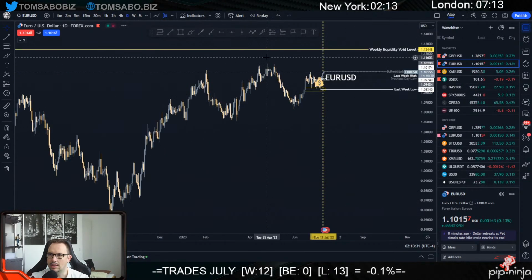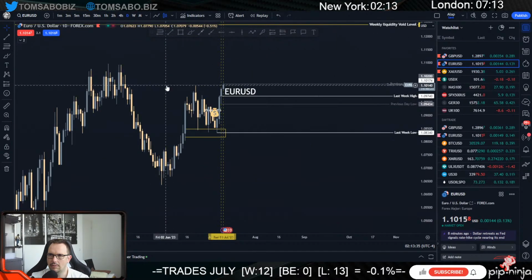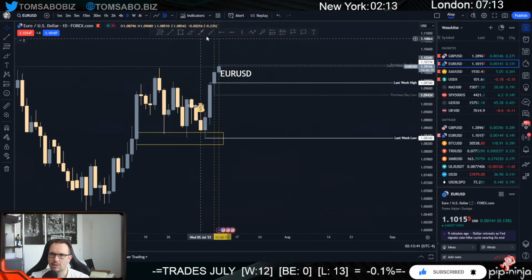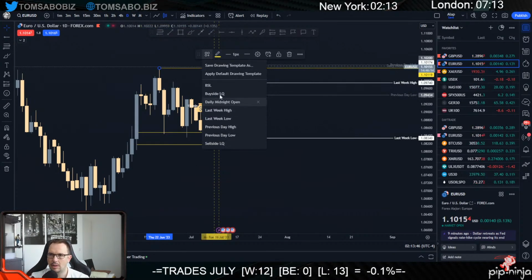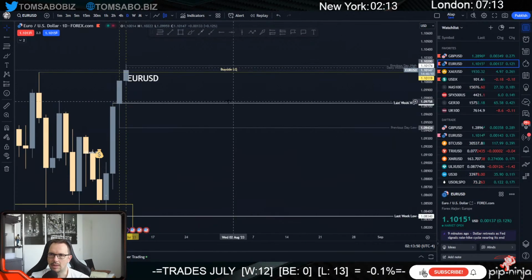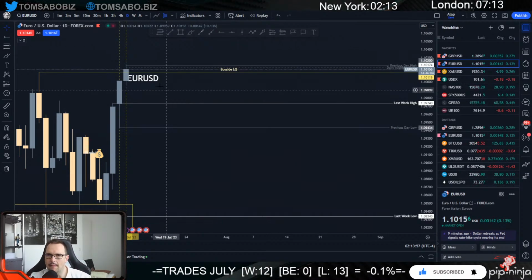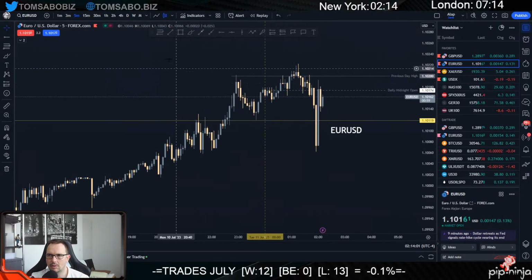Let's check the daily for possible swing highs. This buy side has been taken out, so let's just note that for now. Okay, so that buy side liquidity has been taken out, just worth noting it. What else?